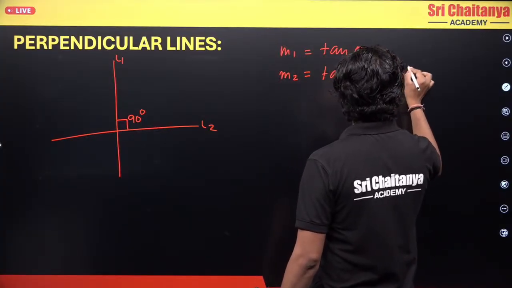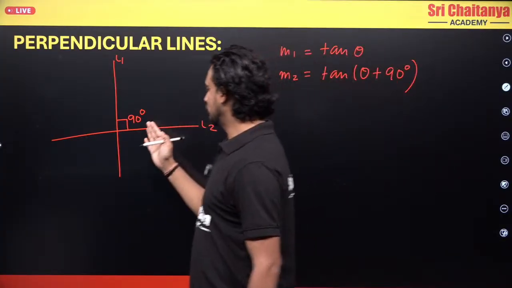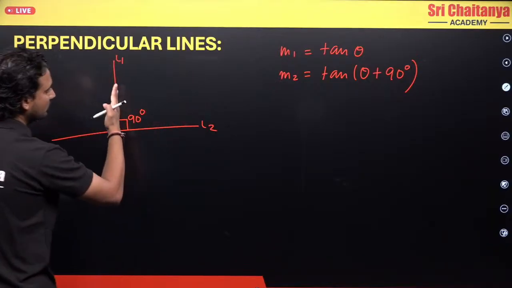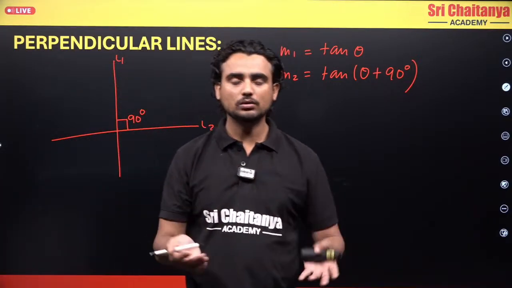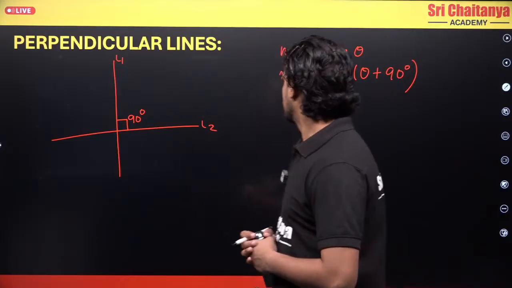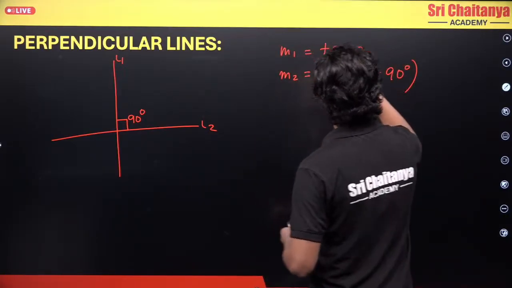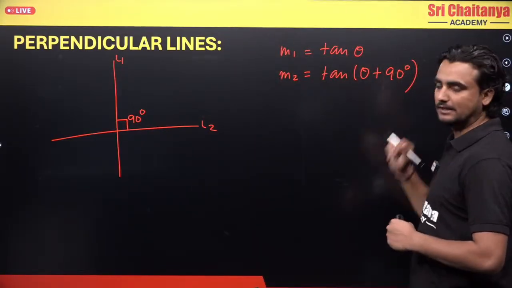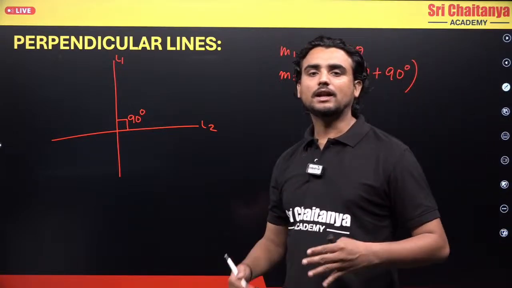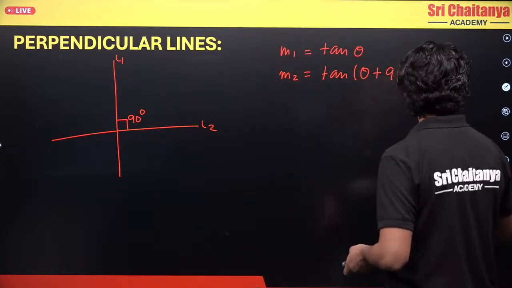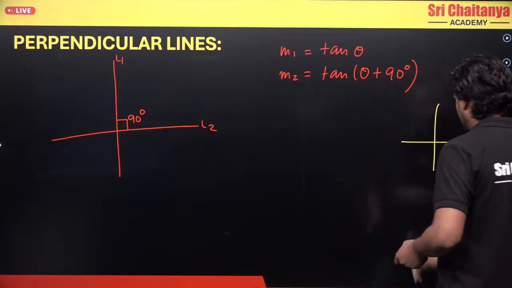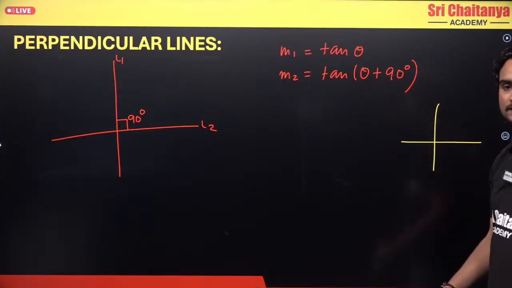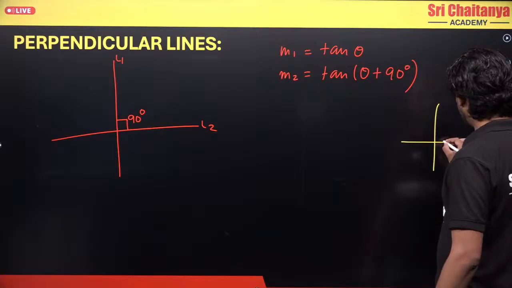Why tan of theta plus 90? Because if this is making angle theta, this will become theta plus 90, correct? Because 90 degrees is more. Now what is tan of 90 plus theta? To find it, I should go to the 4 quadrants, and where will 90 plus theta lie?